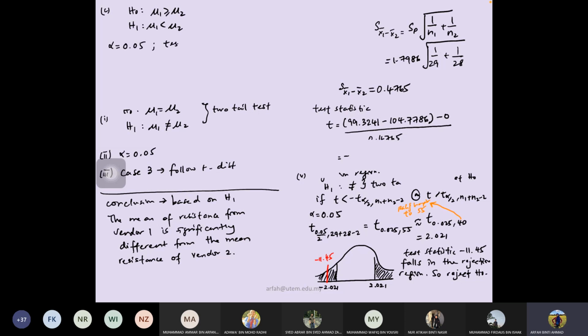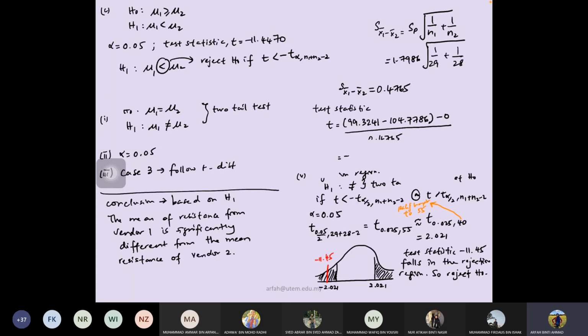So we have already calculated the test statistic. Earlier we calculated T equal to negative 11.45, with p-value 0.4470. Okay. So from here, H1 has the sign mu1 less than mu2, meaning that reject H null if T less than negative T alpha, n1 plus n2 minus 2.